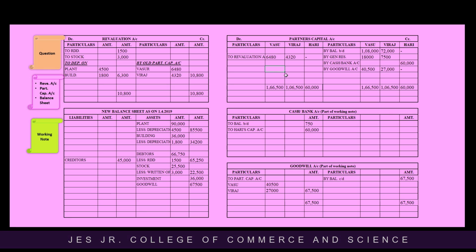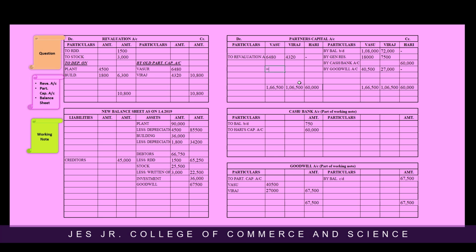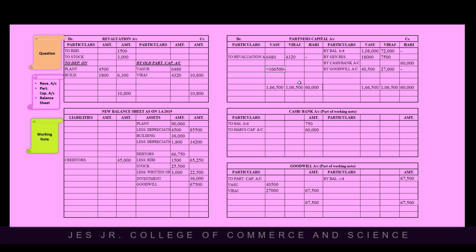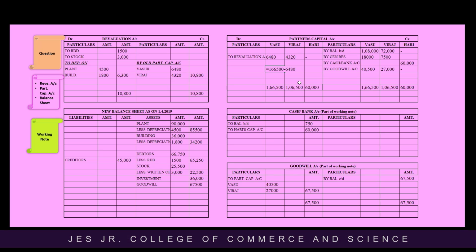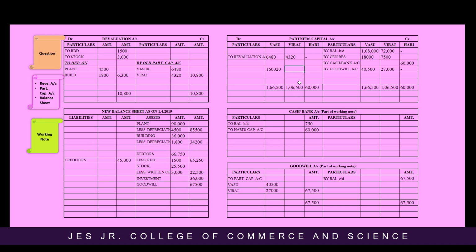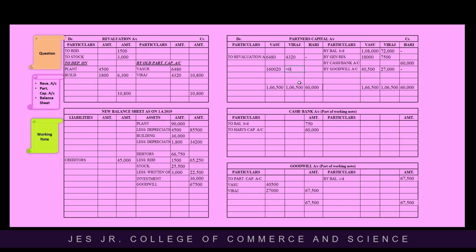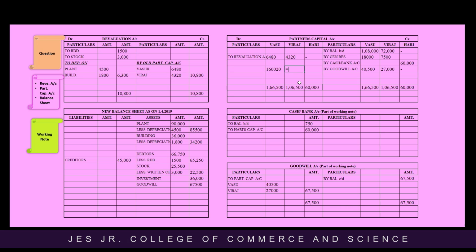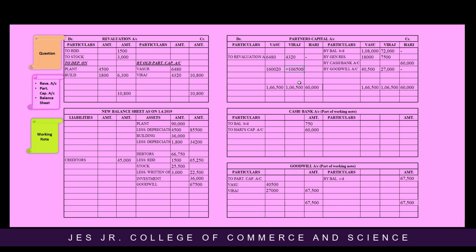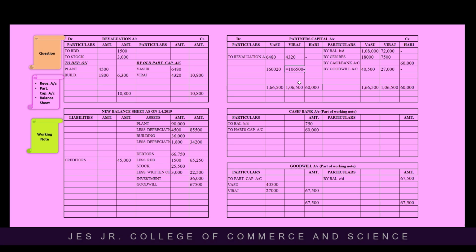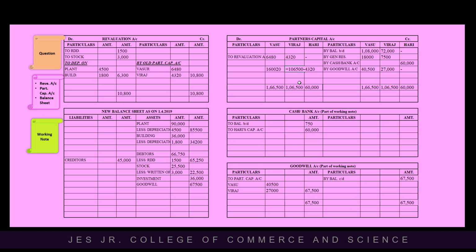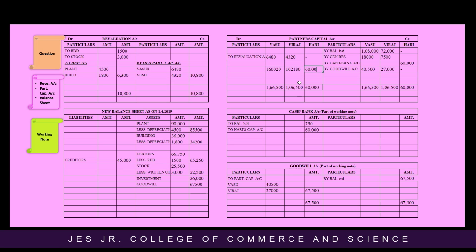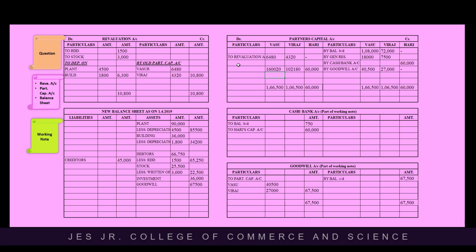Now here we need to take balance. So कैसे लेंगे? 1,66,500 minus 6,480 is this much. और यहाँ पे 1,06,500 minus 4,320 is this much. And इसका तो no doubt this much only will come.